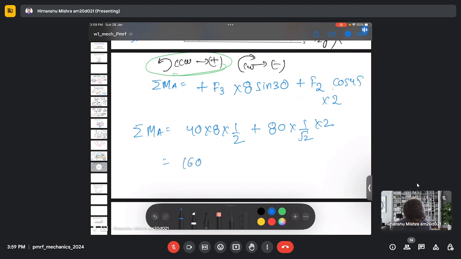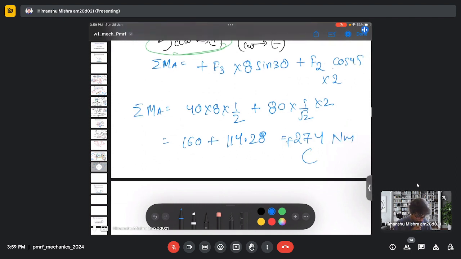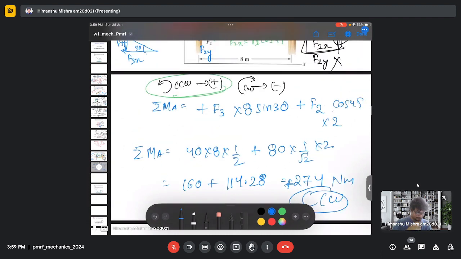So this is 160. This is about 114.28. And it will be 274. So this 274 is positive, which means the overall summation of moment about point A is in the counterclockwise direction, because it's a positive moment. So the answer is 274.